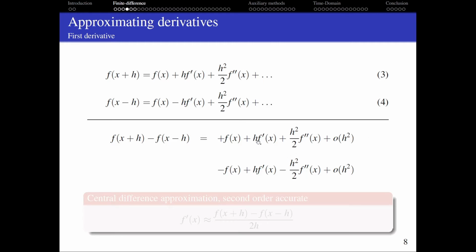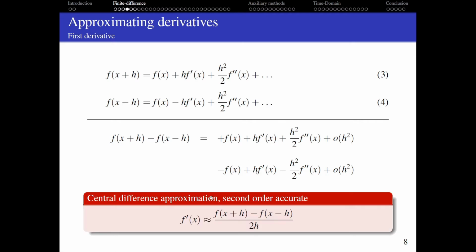And when you do this, we get this approximation, which is the central difference approximation, that approximates the derivative by 2 points around the point we want to evaluate. This is second order accurate because the residual here is second order.